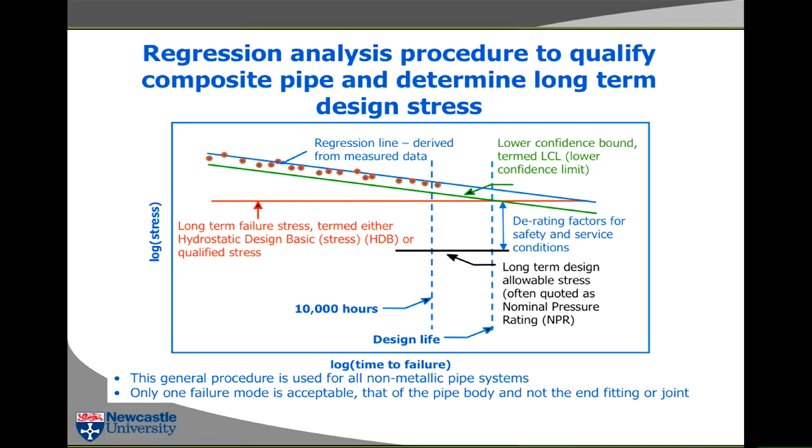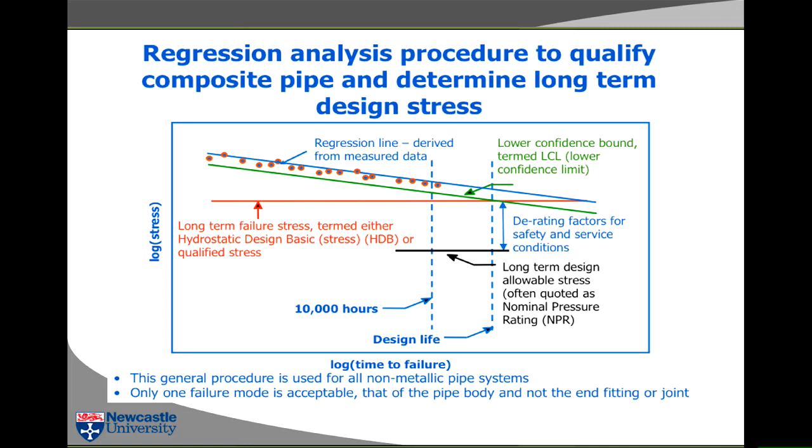The other thing that I mentioned earlier is that this is used for all non-metallic pipe systems, but only one failure mode is acceptable. So that relationship can only apply to one failure mode. If there's more than one type of failure mode, you can't apply that. And it only applies if failure occurs in the pipe body, not in the fitting.